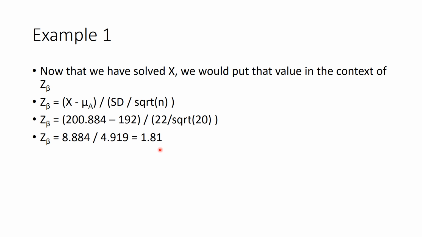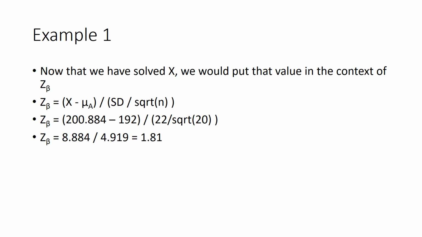Now here comes the tricky part. Now this is the z that we have. Now how can I know if I have to calculate it like 1 minus beta or beta? That is not the question that you should be asking.